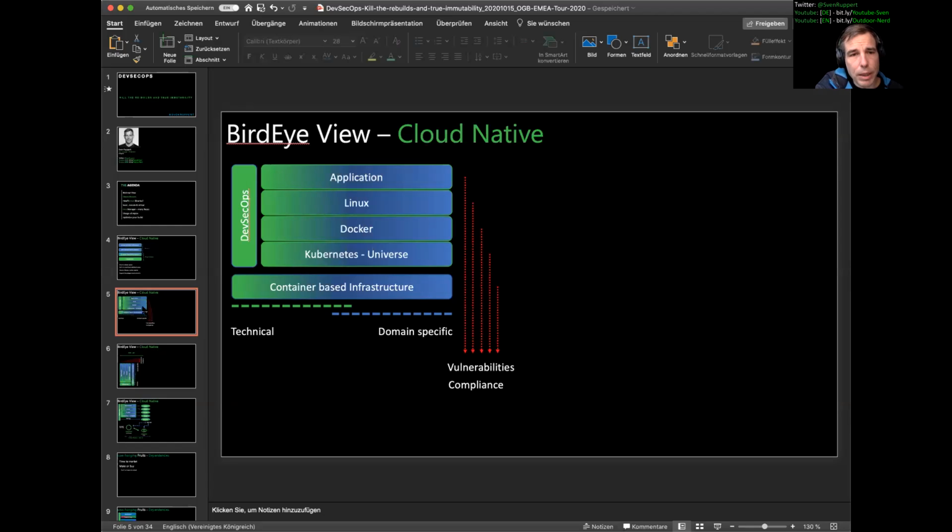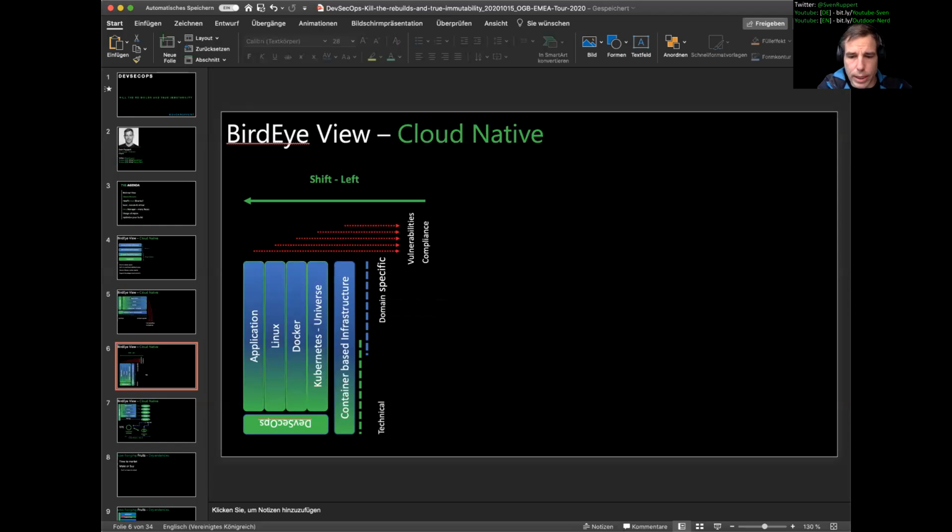And if you're looking at every tiny layer here, I want to explain first where this term shift left is coming from. If you're rotating this picture 90 degrees, then the application would be left, and if you start left and going right, then this would be the earliest point.